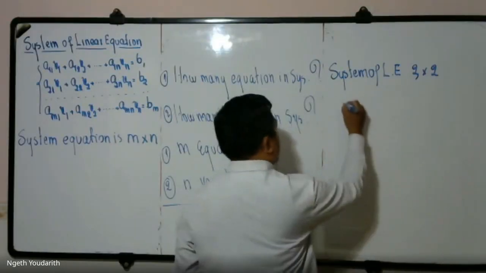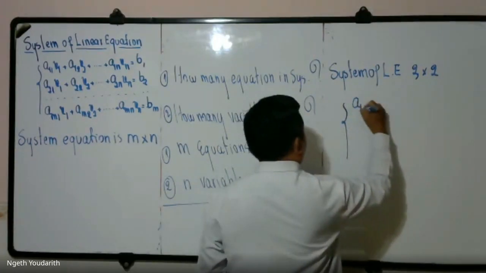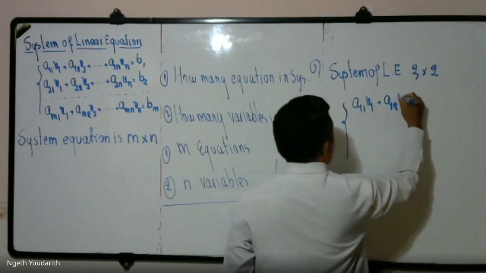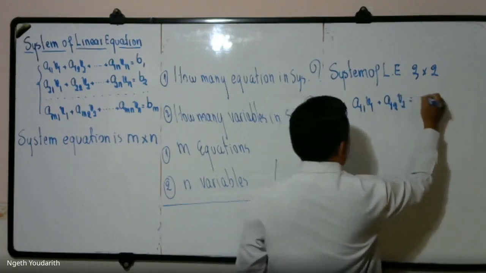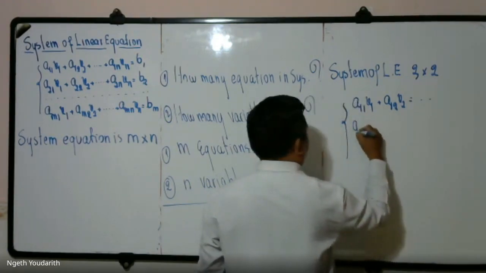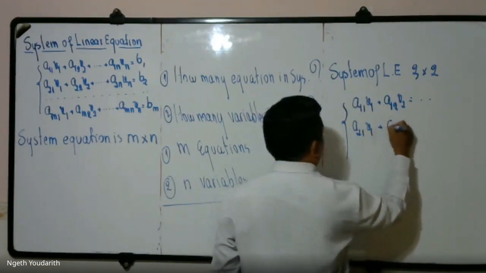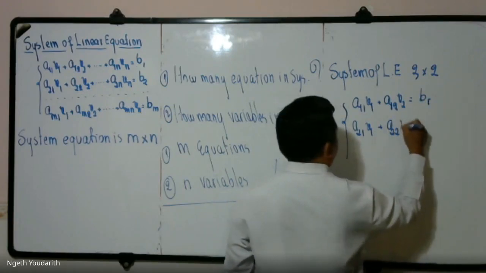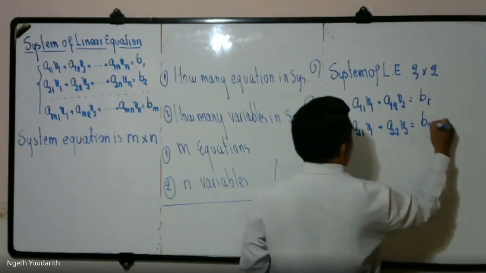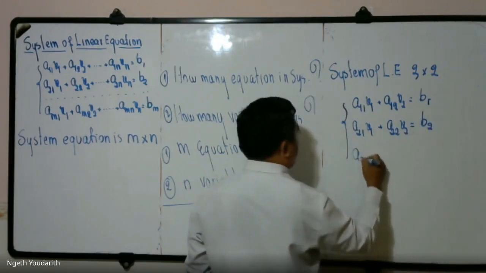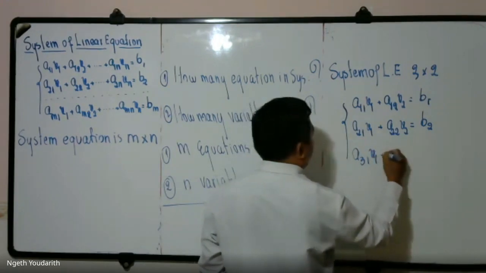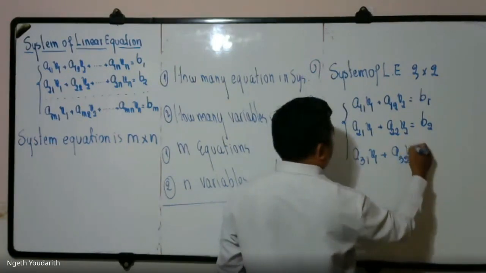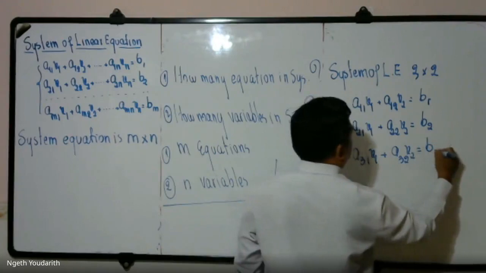It means that it is a11 x1 plus a12 x2 equal b1, and a21 x1 plus a22 x2 equal b2, and a31 x1 plus a32 x2 equal b3.